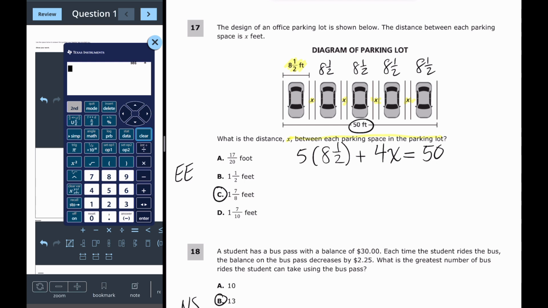So this is an awesome problem because it's very visual and you had to get all that information to write it up. So again, I'm just combining like terms so I can work through this problem. So 5 times 8.5 gives me 42.5. I'm going to actually write 42.5 with a decimal. Plus 4x is equal to 50. I'm going to create a zero pair by subtracting 42.50.